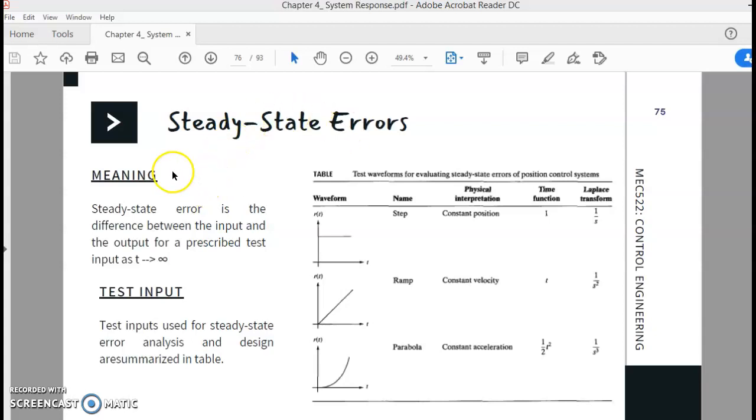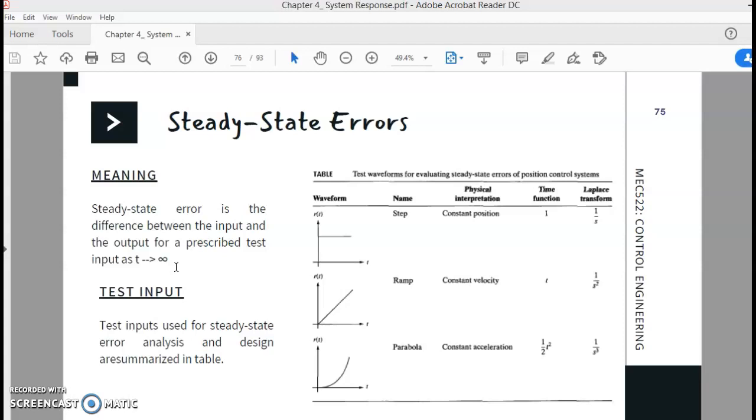Okay, so first we want to know the meaning of steady state error. Steady state error is the difference between the input and the output for a prescribed test input as t approaches infinity, meaning that steady state error is the gap between input and output.